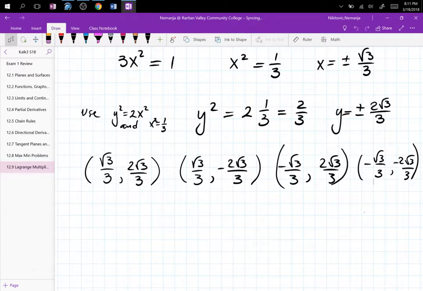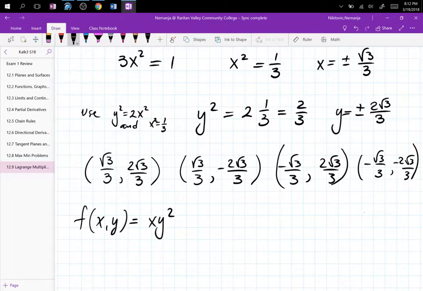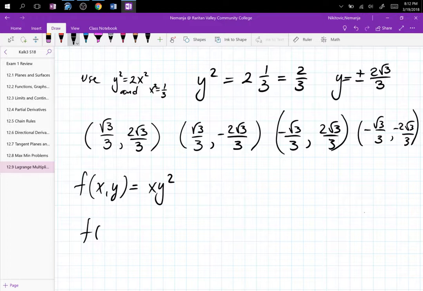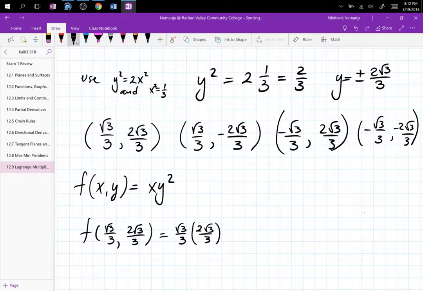So now I have f of root 3 over 3, 2 root 3 over 3. Actually, let me first write f of xy, so we don't forget the function, xy squared. So let's go. F of root 3 over 3, 2 root 3 over 3 is going to be root 3 over 3 times 2 root 3 over 3 squared.